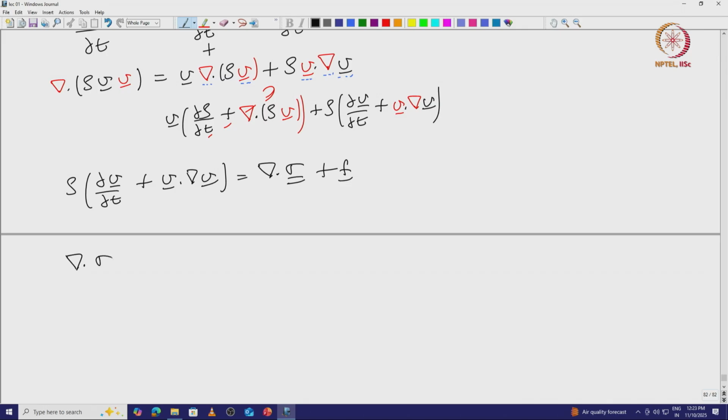Divergence of sigma is divergence of minus p times the isotropic tensor plus mu into grad v plus grad v transpose.